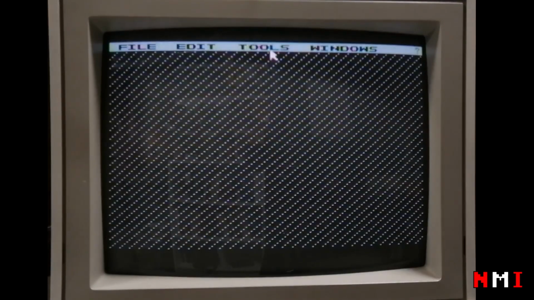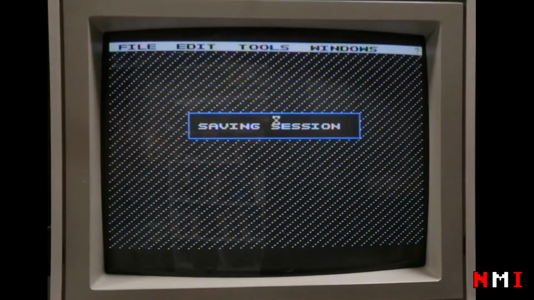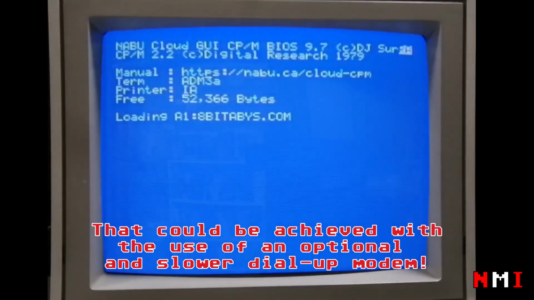And, at least in Ottawa, where the first NABU network was deployed, there was no upstream capability. That meant users could not send information back to the NABU server using the network system.